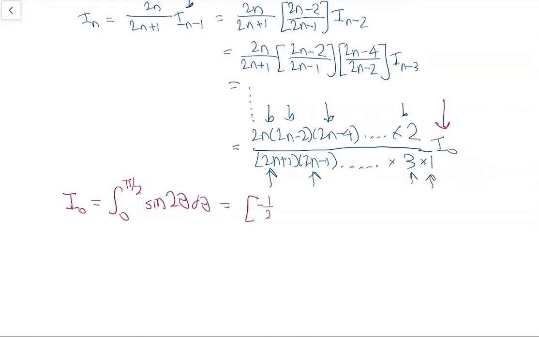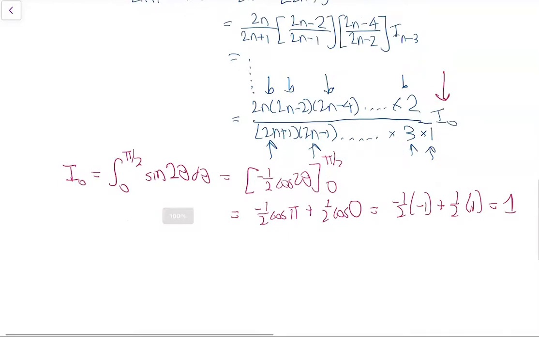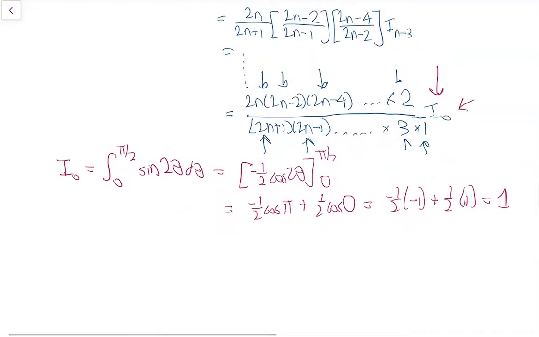The antiderivative is negative half cos 2 theta. And we have negative half cos pi plus half cos 0, which is negative half times negative 1 plus half times 1, which is equal to 1. So you can actually replace I0 with 1.